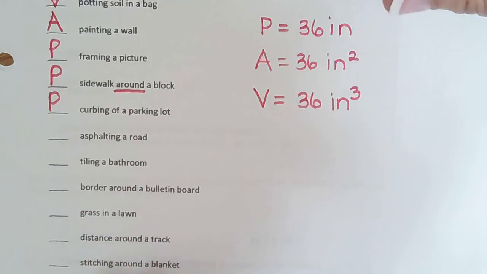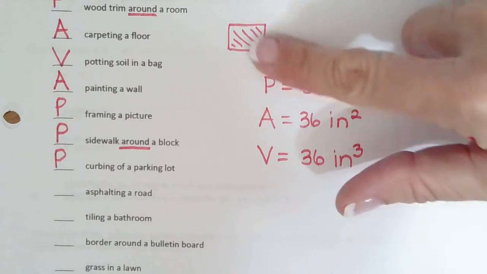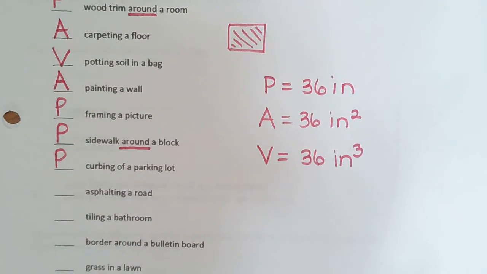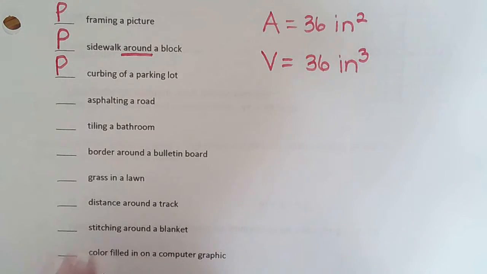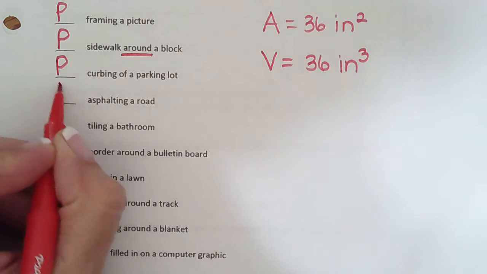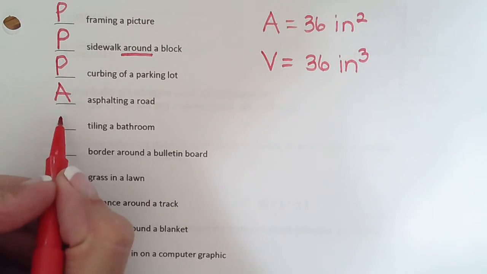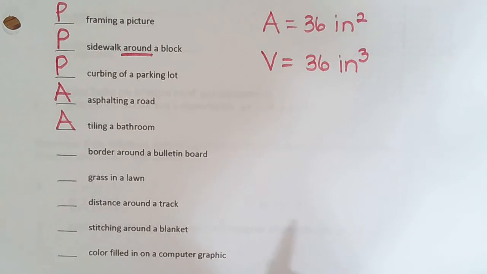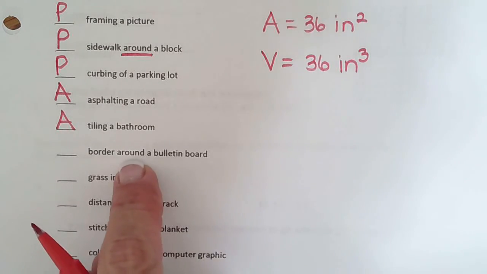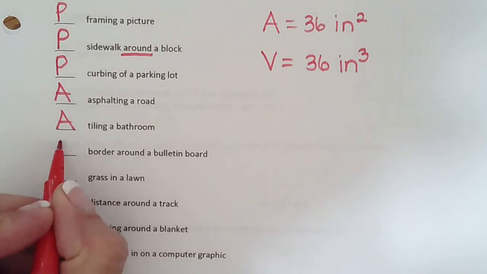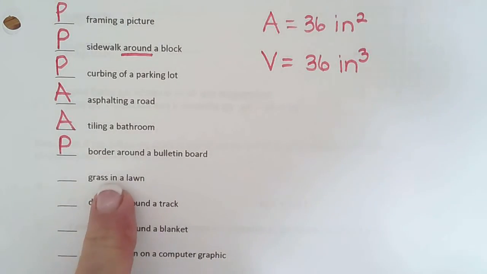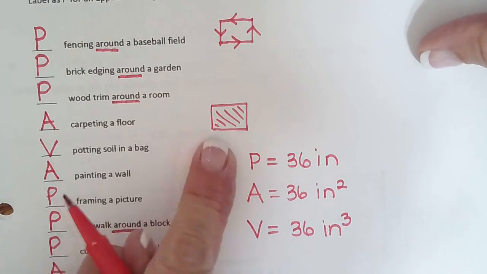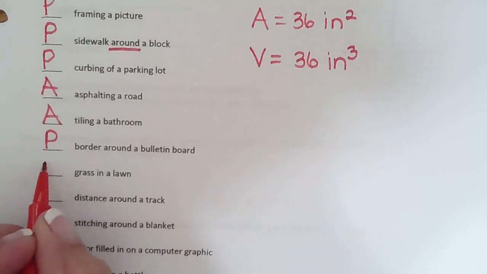Asphalting a road would look like this, right? We're taking a road and filling it in. So that would be area. Tiling a bathroom would be filling the bathroom floor in. Another area. Border around would be perimeter. Grass is filling up your yard. So there's another area.